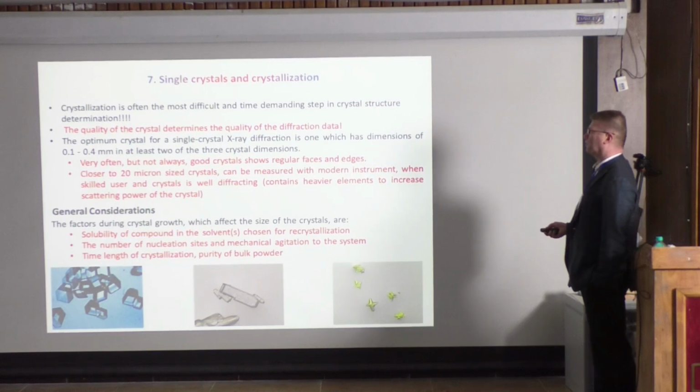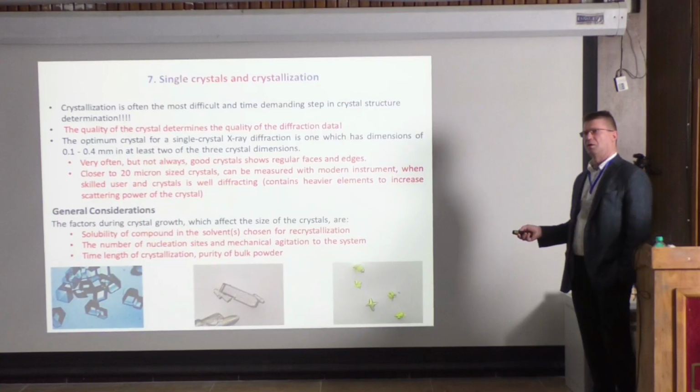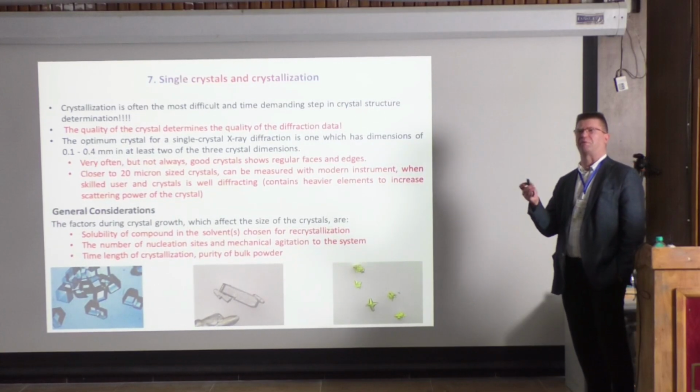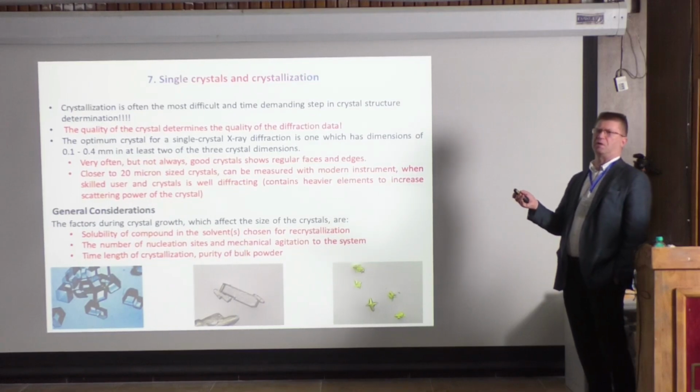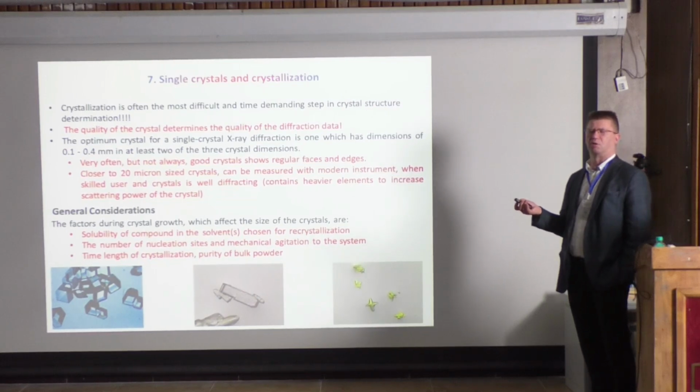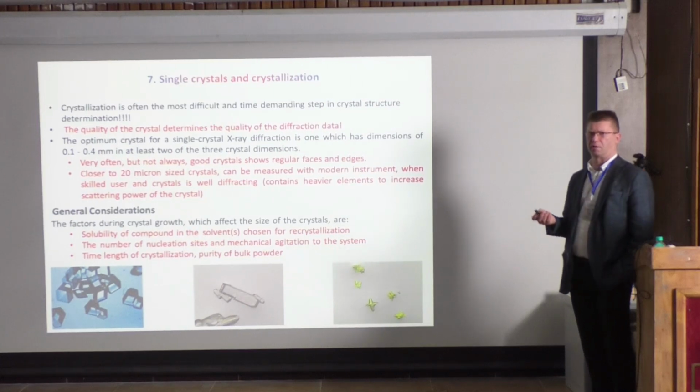And the idea is that, of course, the heavier the elements, the more electrons there are, and if it's well ordered, the more it diffracts. What it means is that with heavier elements like polyoxometalates that have molybdenum or tungsten, a very tiny crystal will be enough.